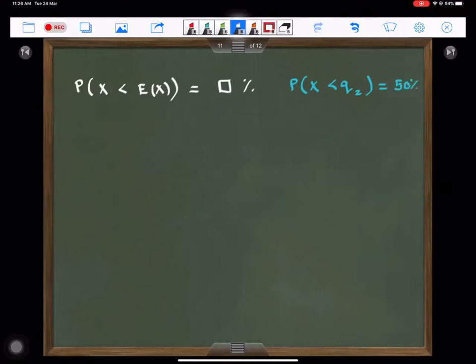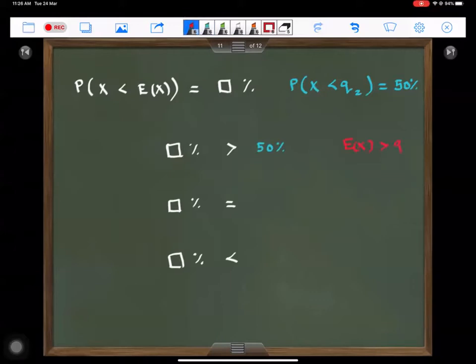Three scenarios are possible: this percentage is greater, this percentage is equal to, or this percentage is lesser. If this percentage is greater than 50%, that means the expectation line is longer. So therefore, expectation is greater than median.